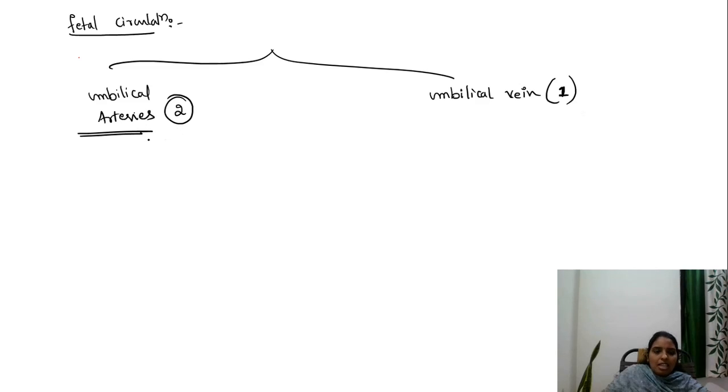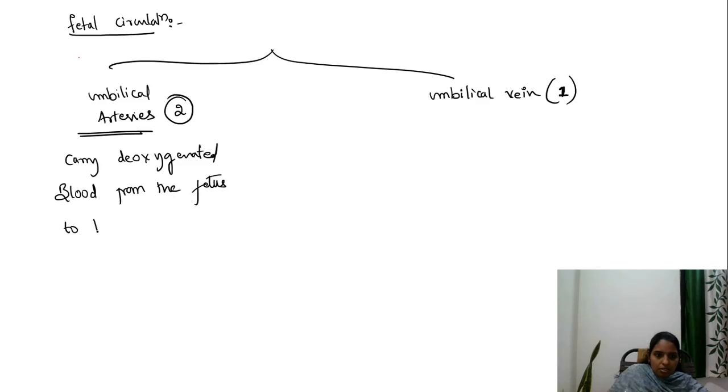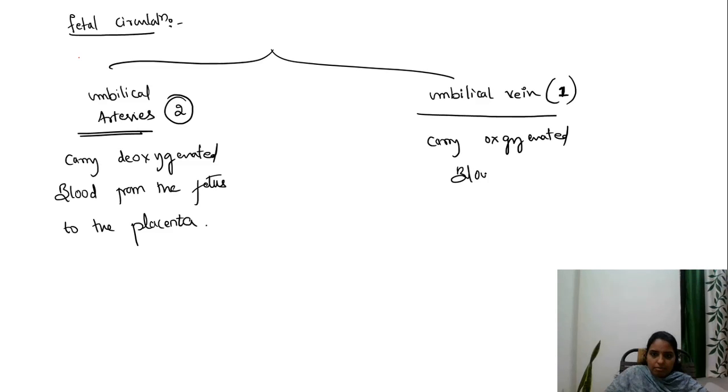The umbilical arteries carry deoxygenated blood from the fetus to the placenta, and the umbilical vein carries oxygenated blood from the placenta to the fetus.